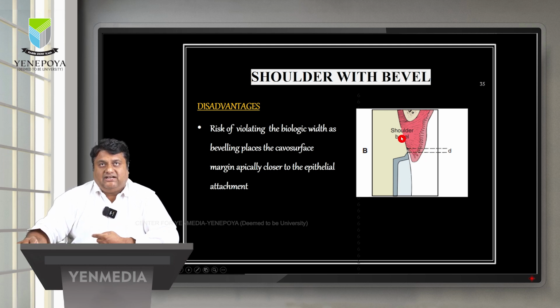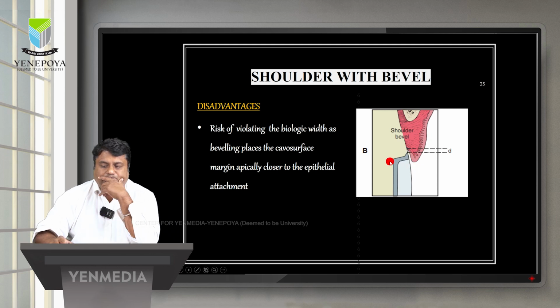You need to see this red structure, you are not supposed to impinge on that. The moment you impinge on that, the longevity of the restoration is lost. So you need to see that it is short of it, at a distance of around 1 to 1.5 millimeter. It should be within this free gingival space.